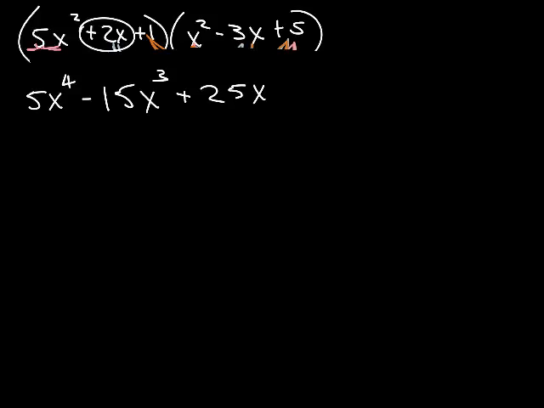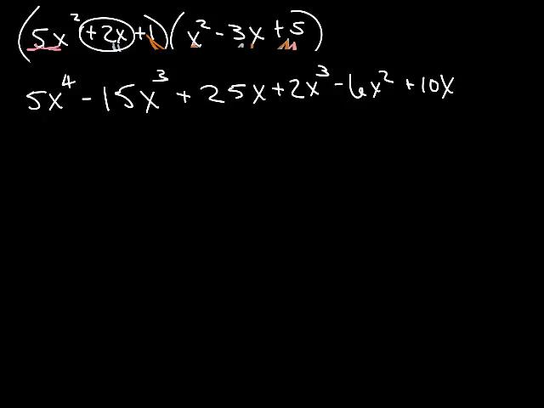Now we do the 2x. 2x times x squared is 2x cubed. 2x times negative 3x is negative 6x squared. 2x times 5 is 10x.